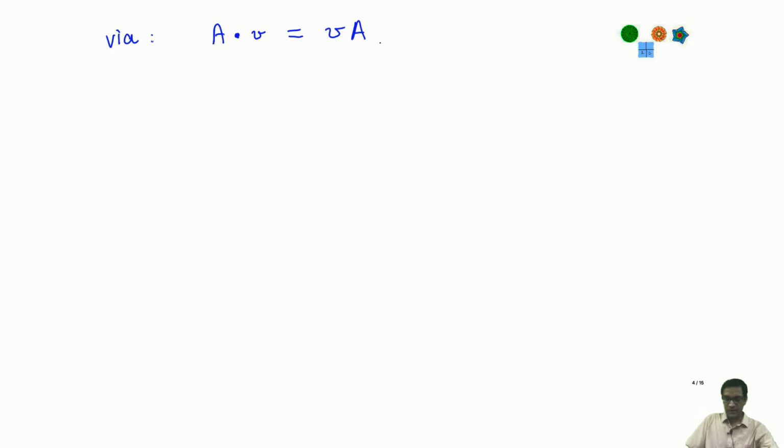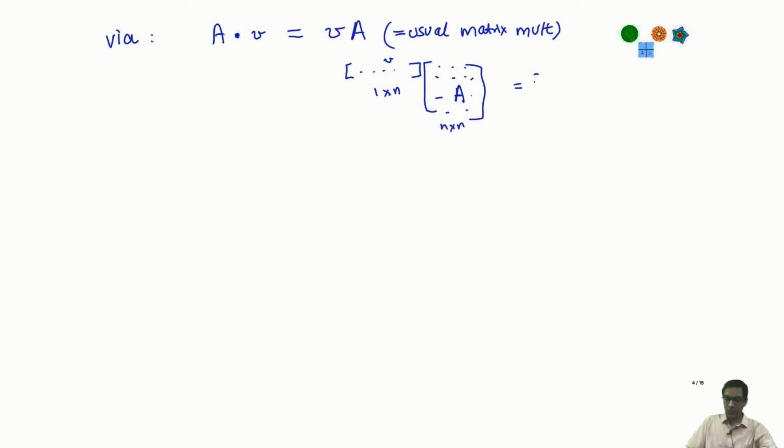Just look at the row vector V. Now V is a 1 cross n matrix, and I multiply it on the right by the matrix A, which is n cross n. I mean the usual matrix multiplication of V with A, and the answer is again a row vector. Remember, 1 cross n into n cross n, the answer will again be a 1 cross n matrix, a row vector.